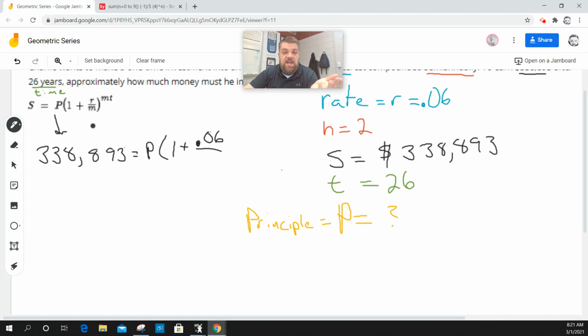I guess they're using M. I've never seen a textbook use M. So this is M instead of N. Just make stuff up now. All right. So then that becomes 2, raised to the 2 times 26.